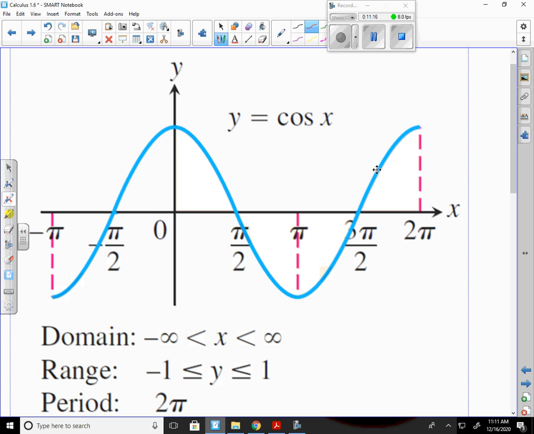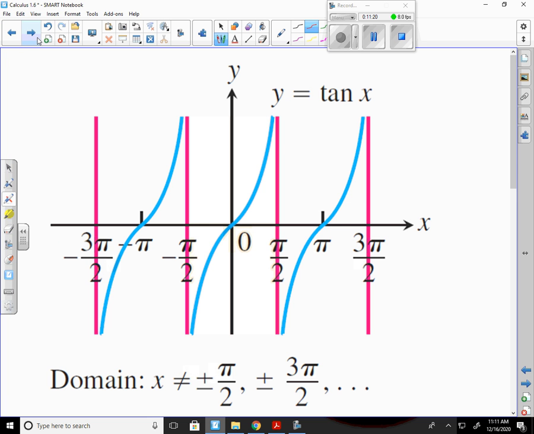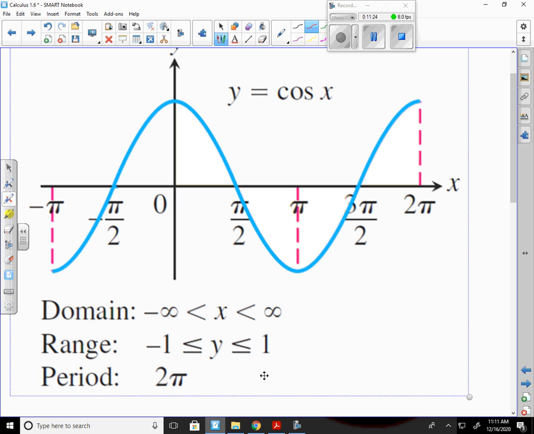That means that my period is 2 pi for this as well. Range is -1 to 1. Domain goes from -infinity to infinity because there's always a point y if I put an x in.